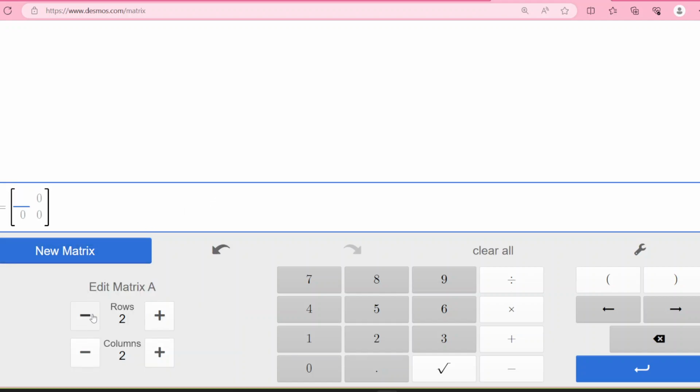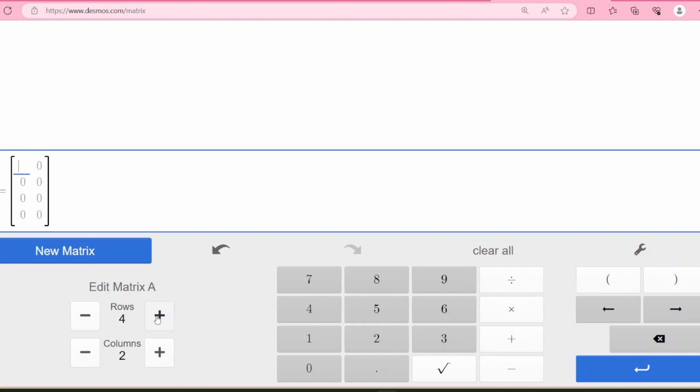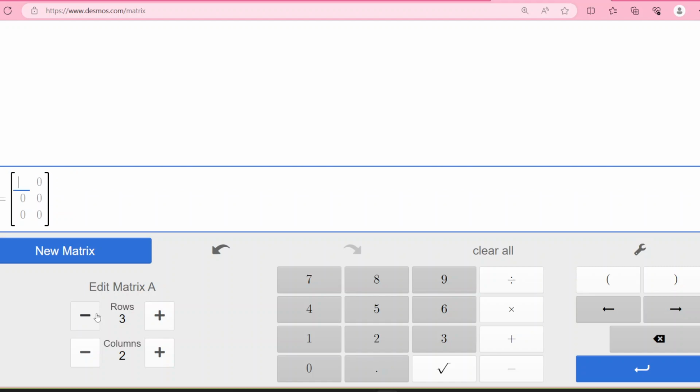And the number of rows is the number of equations, right? There were 3 equations, so I want 3 rows. And the number of columns is the number of variables plus 1, plus your other side, the numbers on the other side of the equal signs. Now there were 3 variables, so a, b, c, and then add 1 more. So we got a 3 by 4 matrix here.